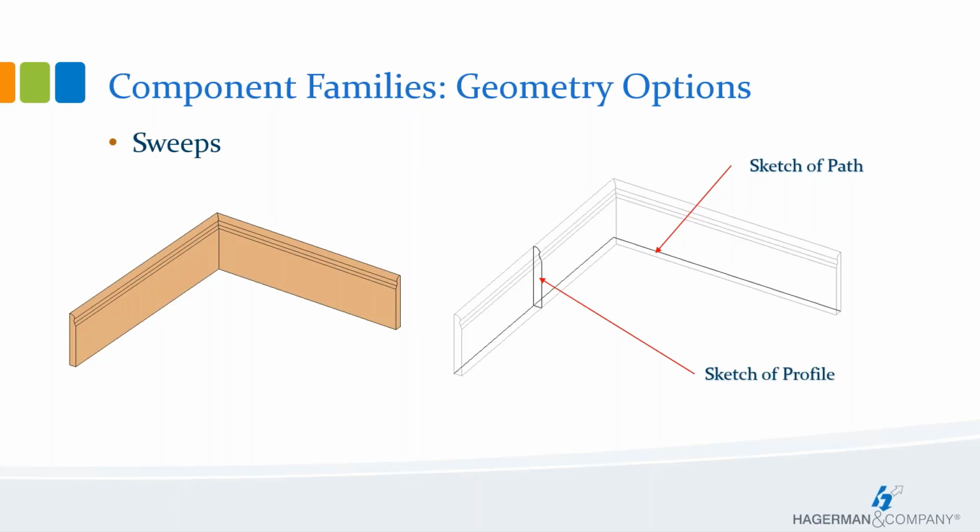In this case, on the slide, we have a piece of base trim. And on the right, you can see the sketched path and the drawn profile and how the software will make that turn and leave a nice mitered corner. We can also do a curved path, and that looks nice as well. Maybe if we have time in our live Revit demo later, we can take a look at that.